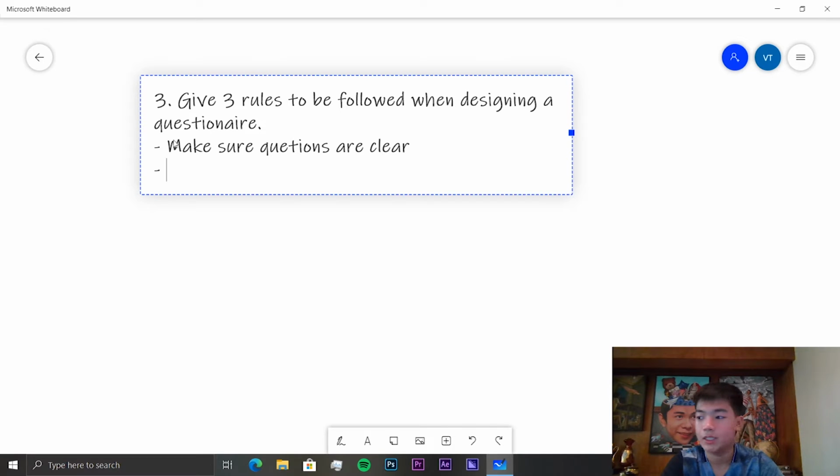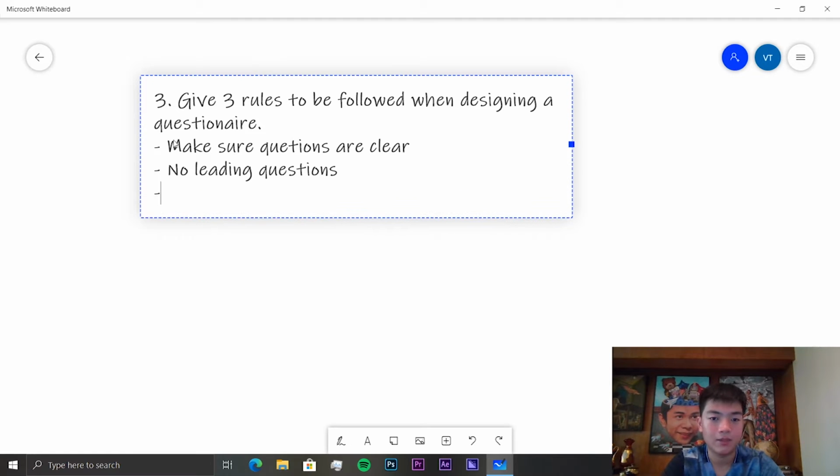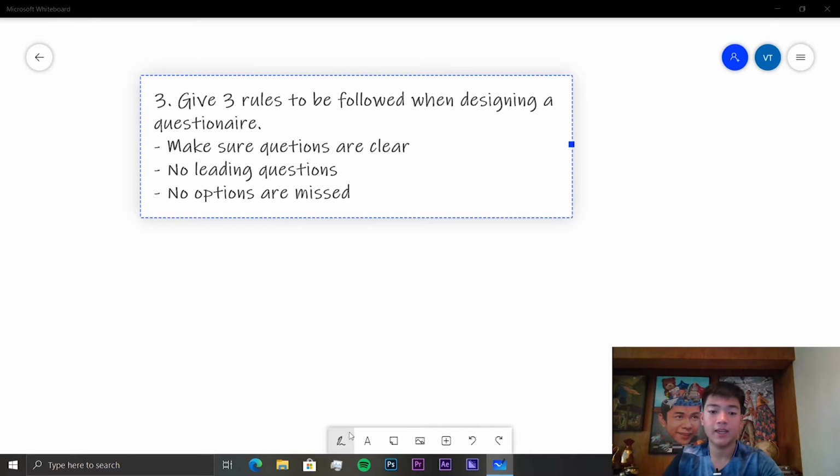Make sure that the questions are not leading, so the questionnaire is as unbiased as possible. And maybe ensure that no options are missed, because if you miss out an option, it might signal to the respondent to just pick another one, the closest one, and so they pick an option that isn't really their first preference. So those are 3. Okay, next.